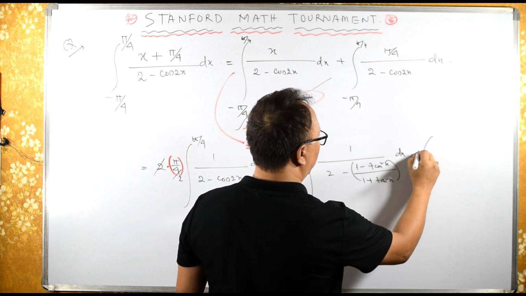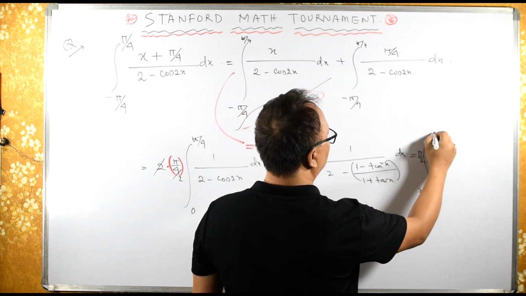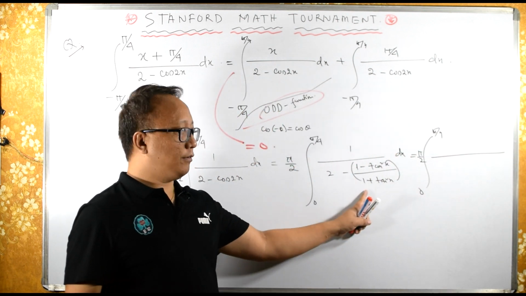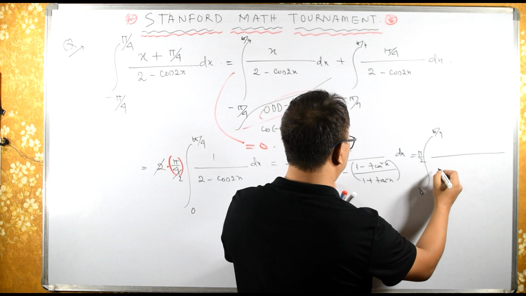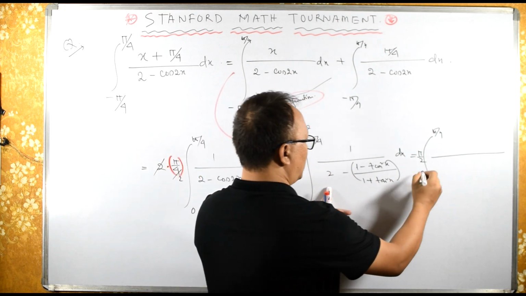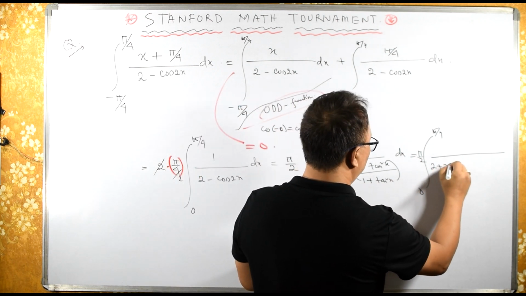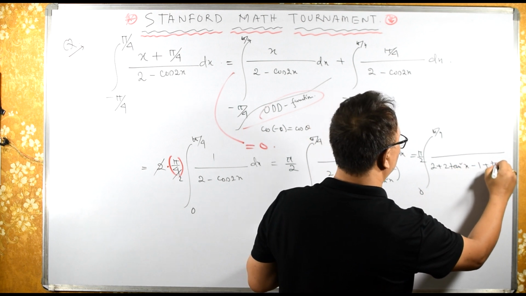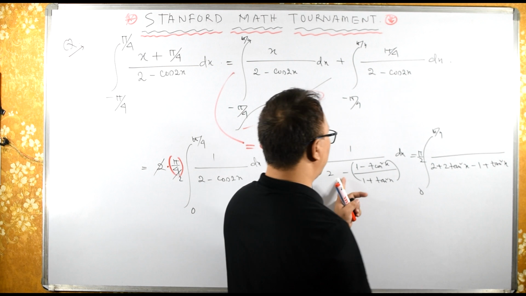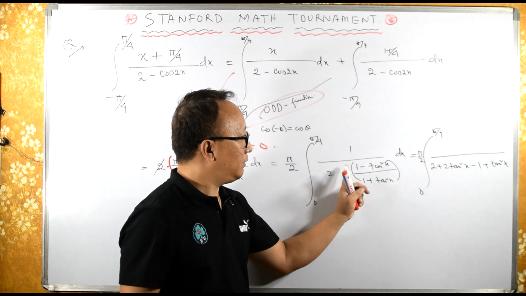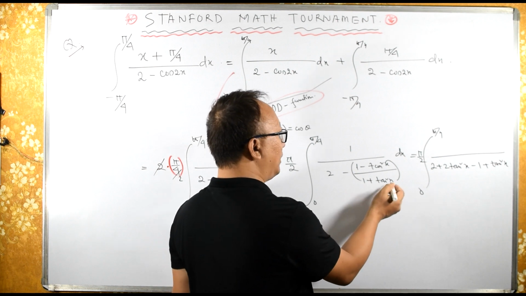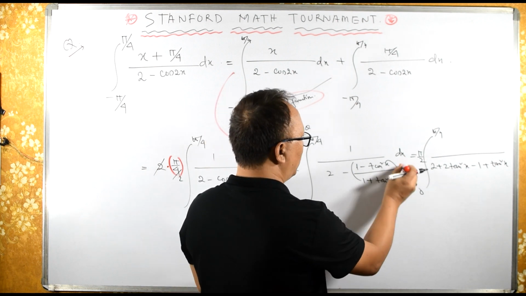Now here we have pi by 2, limits from 0 to pi by 4. Now let's take the LCM over here. If I take the LCM, I have to multiply by 2. Therefore 2 plus 2 tan square x minus 1 plus tan square x. So I am sending the minus inside: here minus 1 and minus tan square, and this 1 plus tan square x will go up over here.